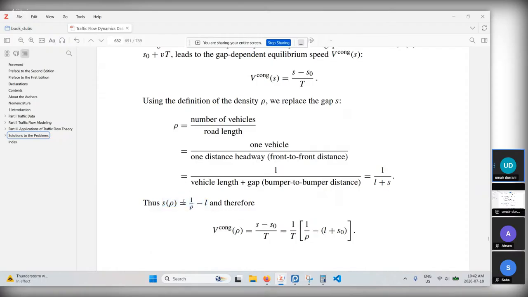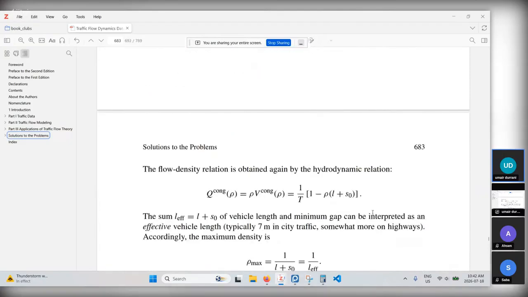So using this, when we plug in s equals 1 over rho minus L in this equation, the congested speed can be estimated using this equation. And then the flow density relation can be estimated by estimating flow, which is again equal to rho into V. In this case, V congested, and that turns out to be this.